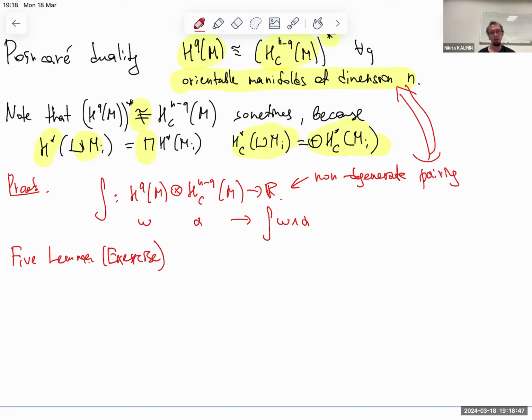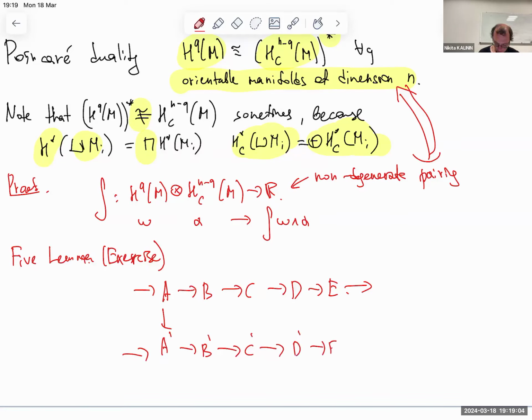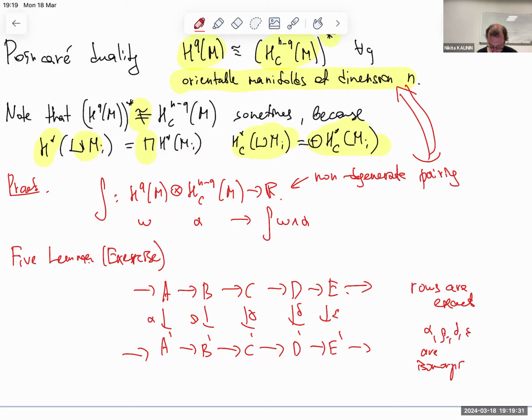If you have a first sequence A, B, C, D, E, and also A prime, B prime, C prime, D prime, E prime, and you know that the rows are exact, and the maps alpha, beta, gamma, delta, epsilon are such that alpha, beta, delta, epsilon are isomorphisms, then gamma is an isomorphism.